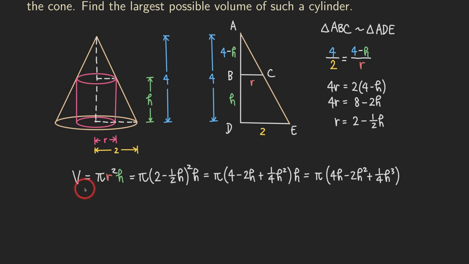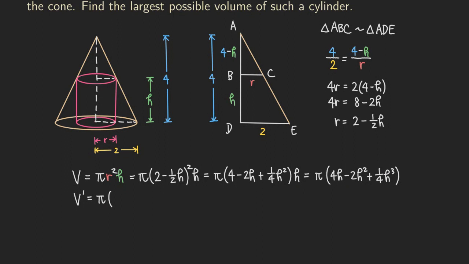So let's take the derivative of the volume with respect to H. Then we are going to get V prime. I'm not going to write dV/dH. You just need to know what I'm doing right here: I'm differentiating V with respect to H. Then I'm going to get, okay, we don't need to worry about the pi, so just leave the pi for now.